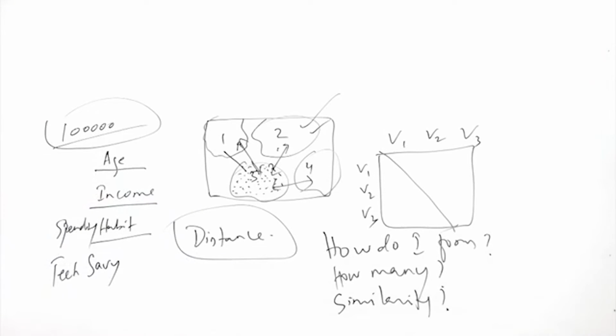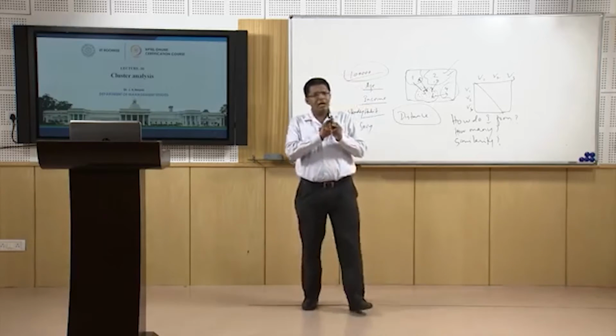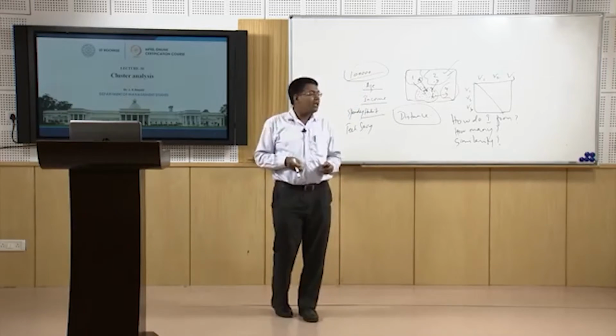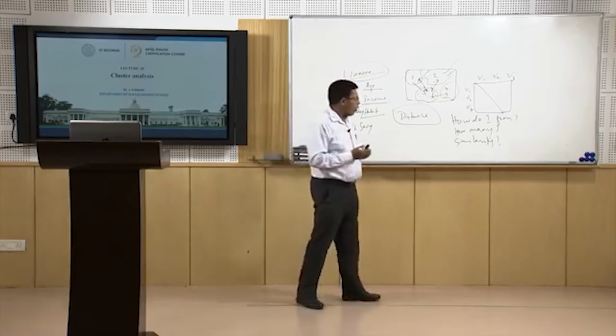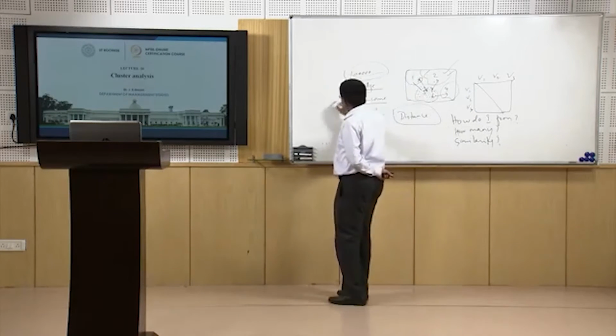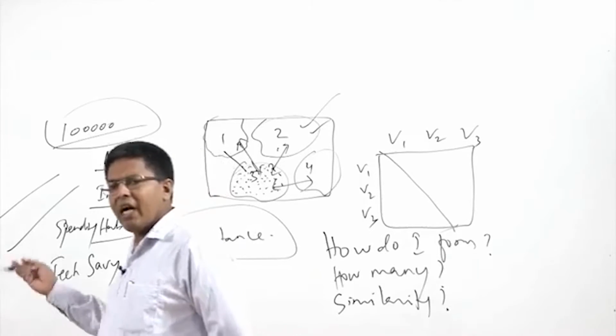But one thing you have to keep in mind is that in cluster analysis we are not looking at the correlation. Why not? I will explain. Correlation is like this: suppose two things are moving like this, the correlation might be very high among them.